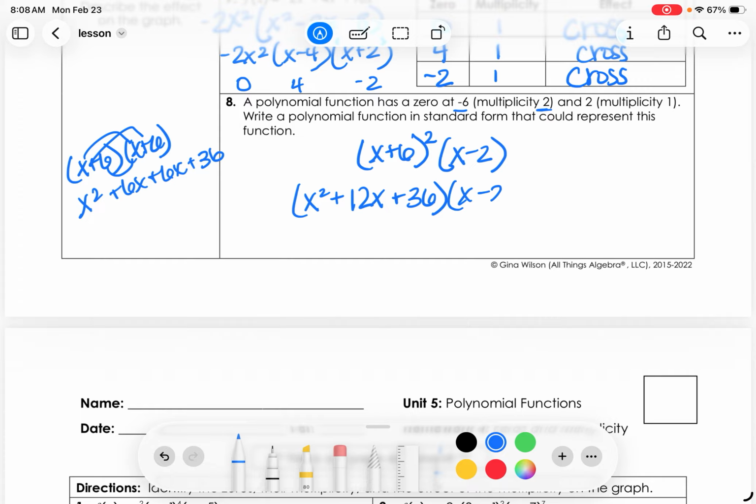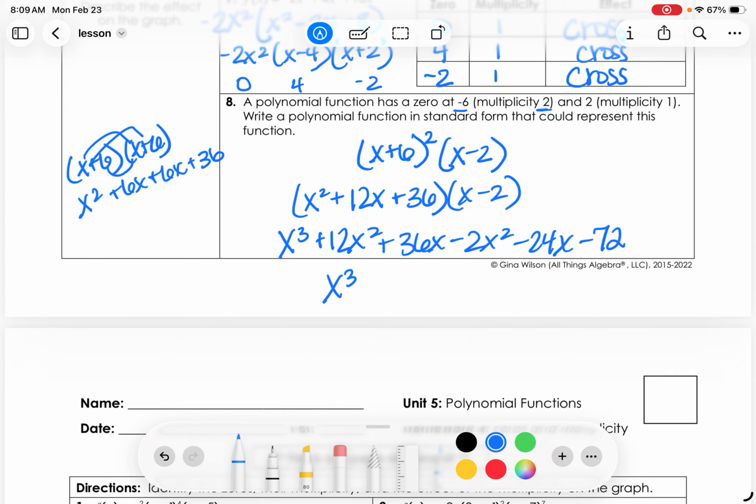Then we still have to multiply by this x minus 2. So that's x to the third plus 12x squared plus 36x minus 2x squared minus 24x minus 72.